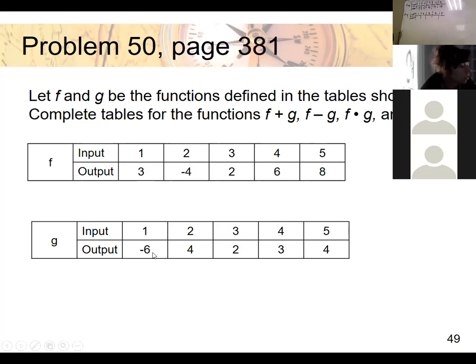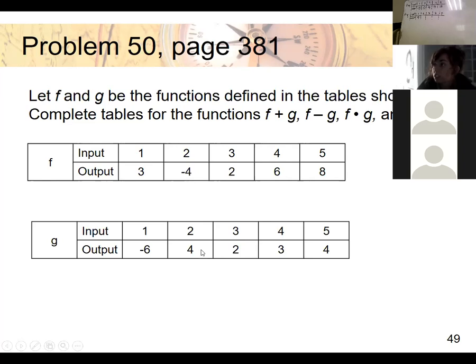We do 3 minus 6. 3 minus a negative 6. Okay. So that would be positive 9. And then for 2, we'll look at our outputs for 2.